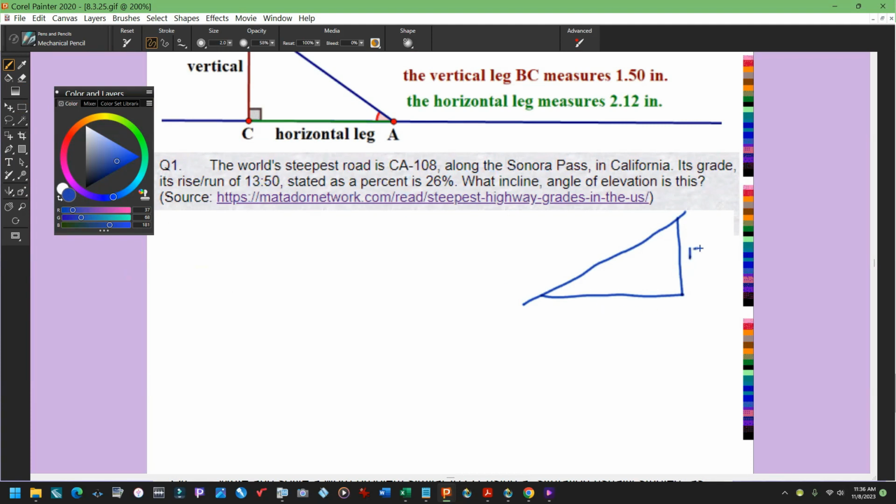It rises 13 for 50 on the run, and that's 26%. What angle of elevation is this? We need a trig function that relates the angle, the side opposite and the side adjacent. That's the tangent.